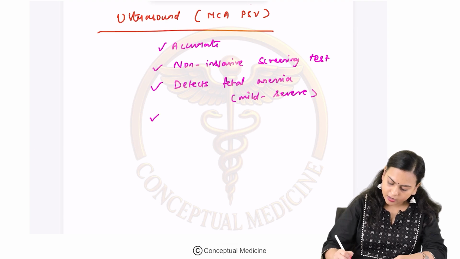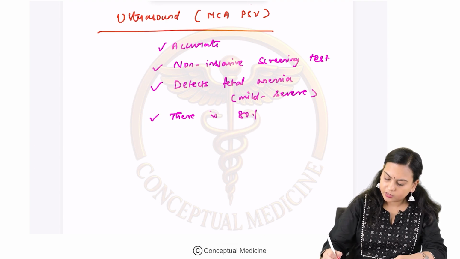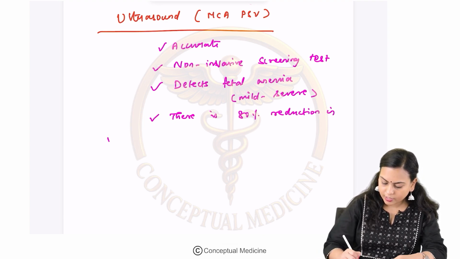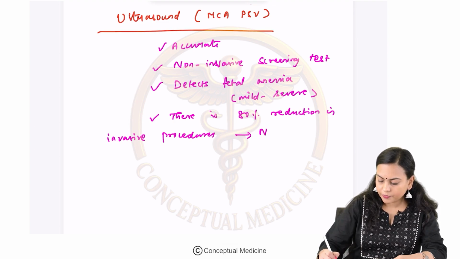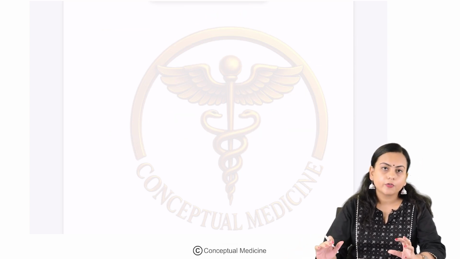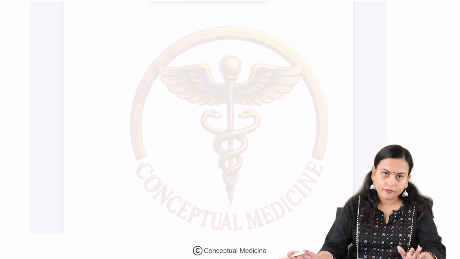Okay, and also there is 80% reduction in invasive procedures. Okay, like as we have seen in Lilly's chart, there is no need for amniocentesis. Now we will see in order how we are going to take an RH negative pregnancy from first.